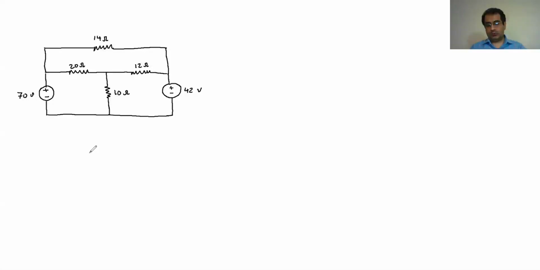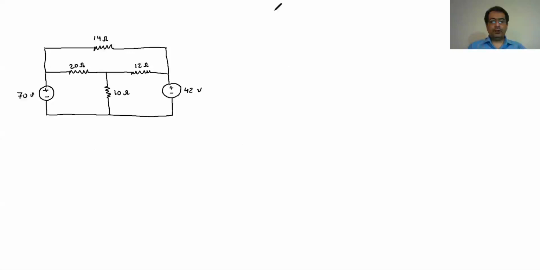If we are asked to do it with the mesh current, this is how we are going to do that. If we are not told how to do it, we can either use the mesh current or the node voltage method. But here, because we are working in the mesh current, we use the mesh current method to solve it, though we could have used the node voltage method as well.